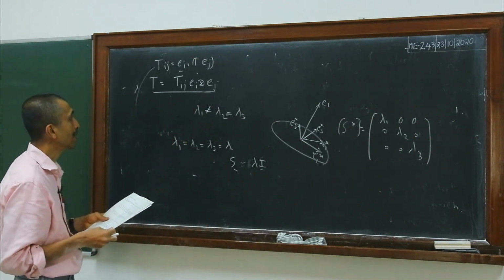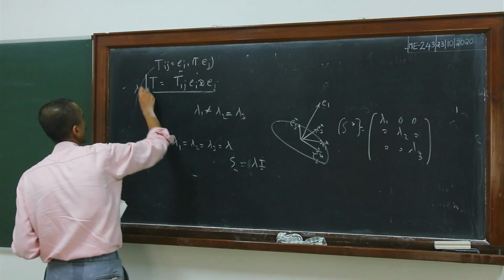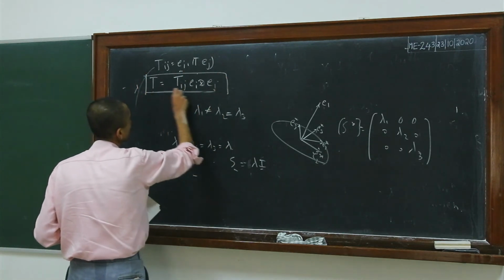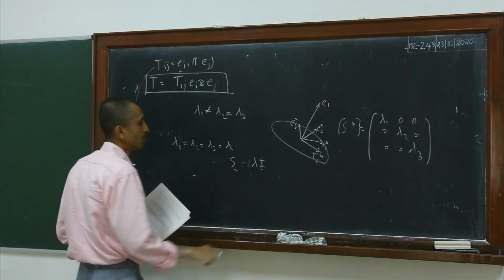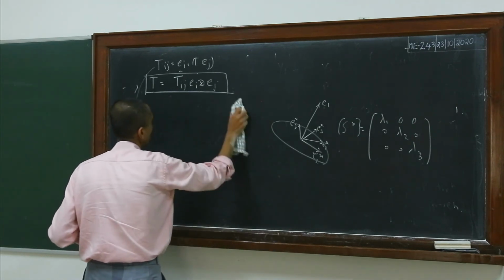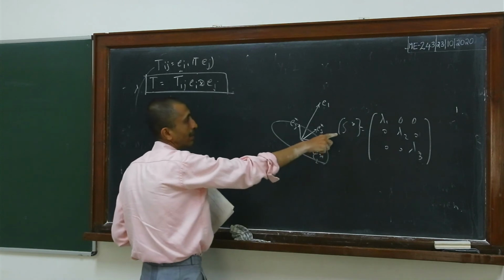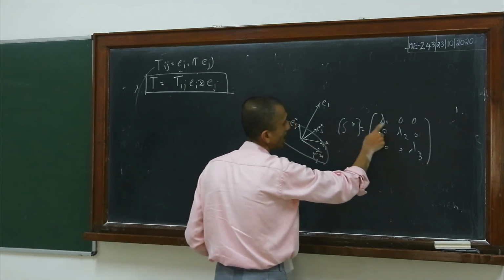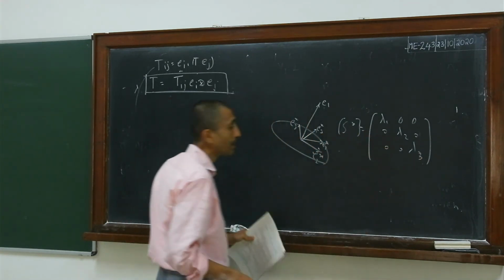Okay, then now let us again use this particular relation here. So now we come to something very, very important here. What we have seen is that we always get a matrix of components S star, which is a diagonal matrix in the principal basis.